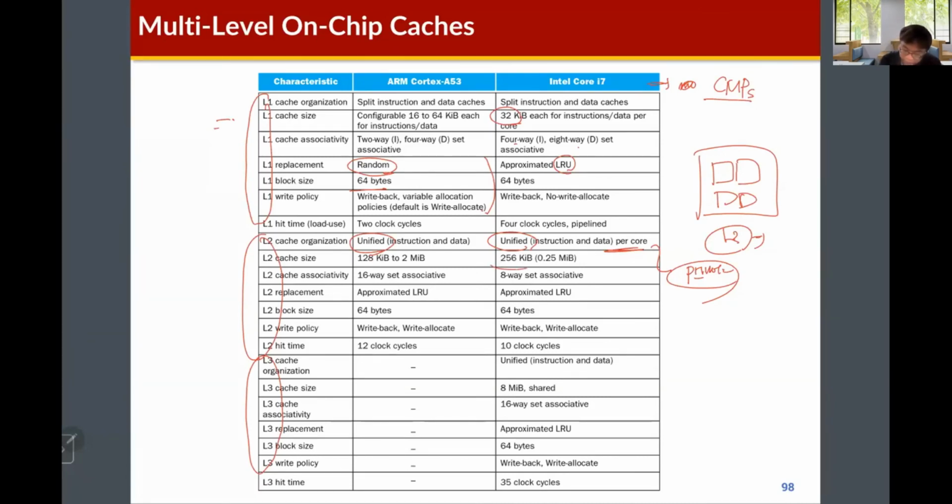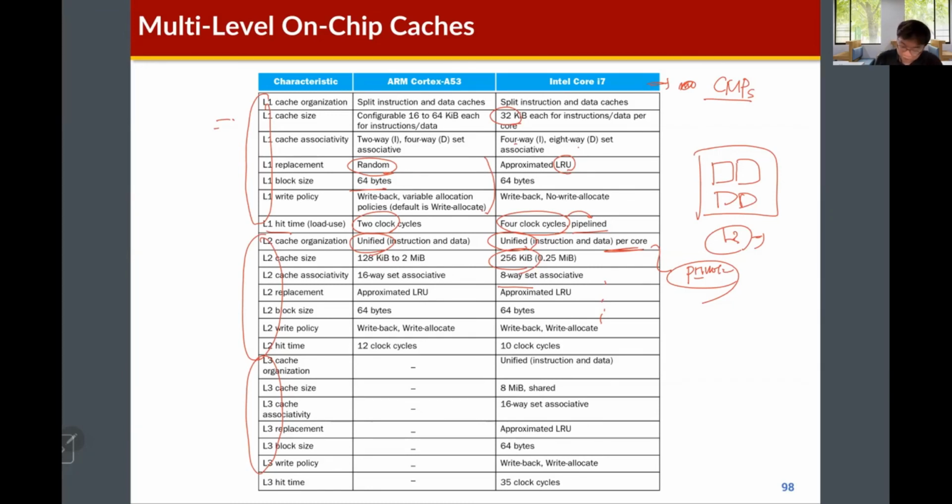You can find the size and set associativity and so on. And then also you can find the hit time: 2 clocks and then 4 clocks. Also, this cache is pipelined. In the pipelined processor we assumed that the hit time of the cache is 1 clock, but actually the hit time is multiple clocks.